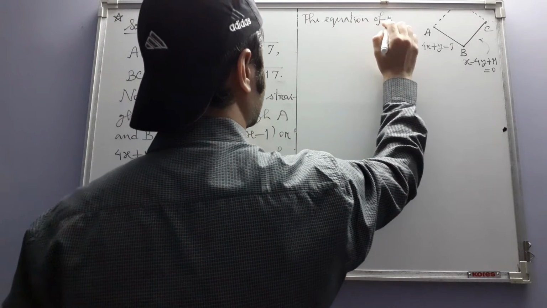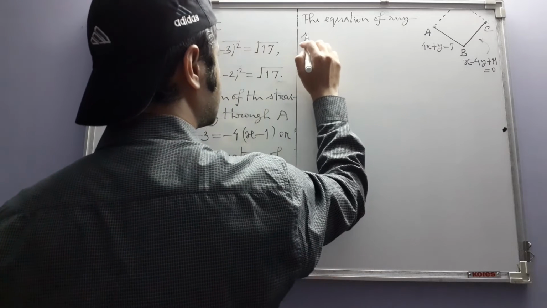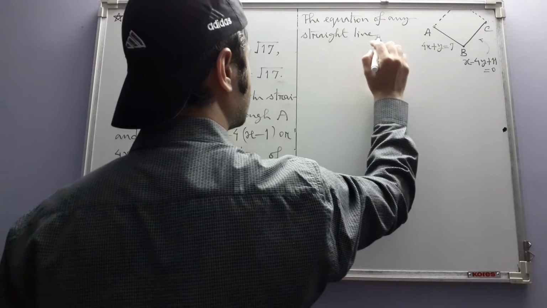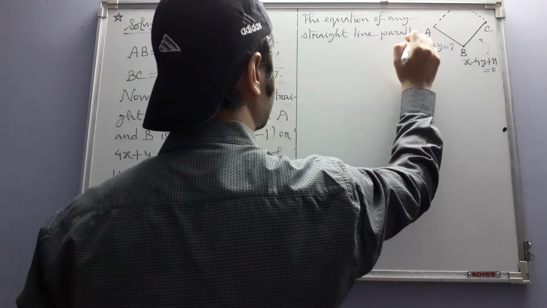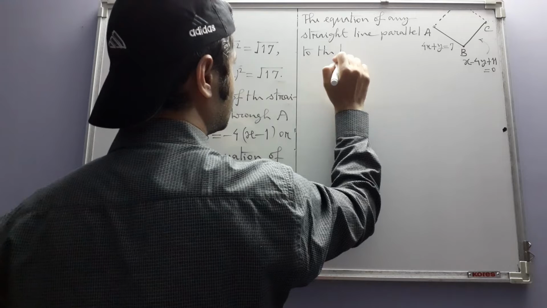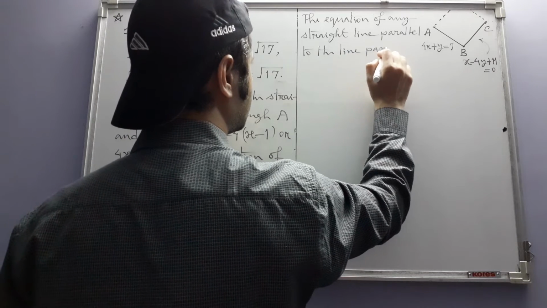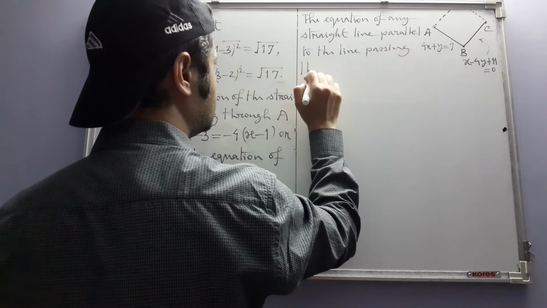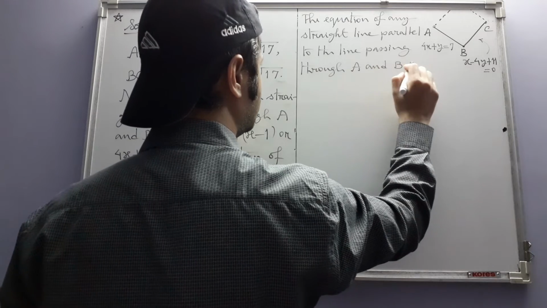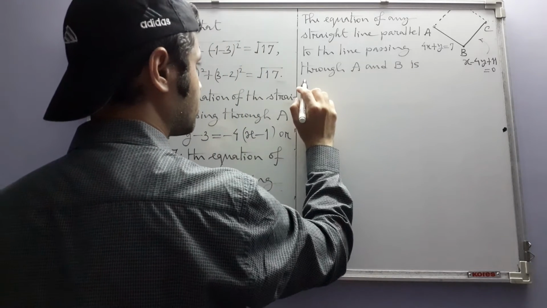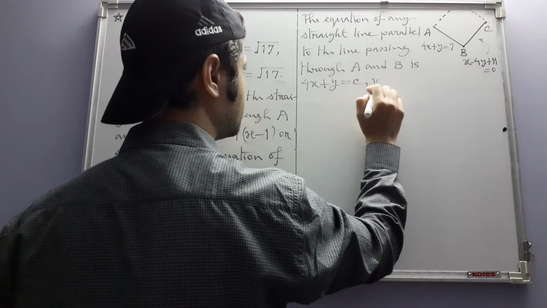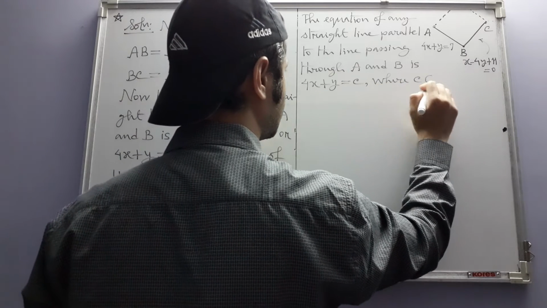The equation of any straight line parallel to the line passing through A and B is 4x plus y equal to C, where C is some real number.